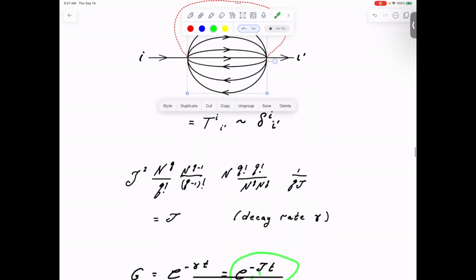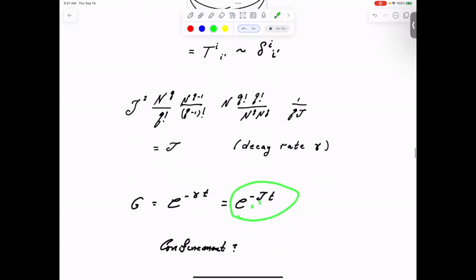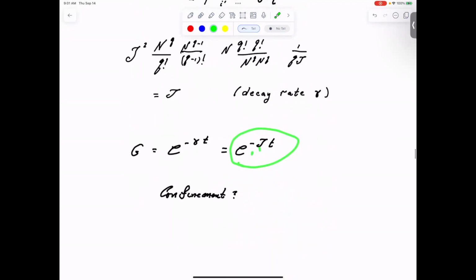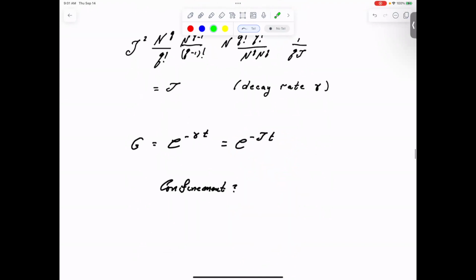That's the meaning of these kinds of diagrams. They represent decay rates. Imagine, if you like, imaginary masses, imaginary energies. This is what I mean by confinement: that the fermion correlation function is e to the minus Jt. I will think of that as confinement of the fermions.